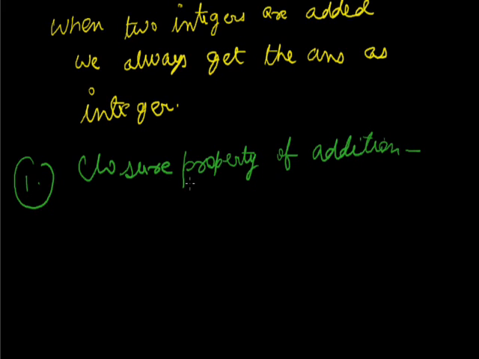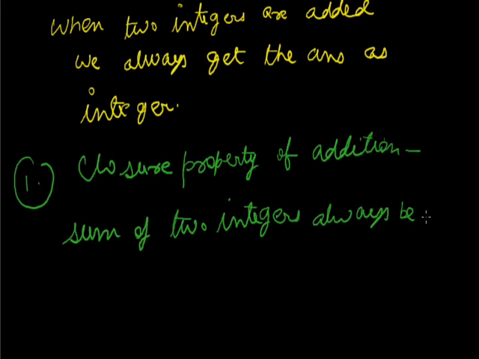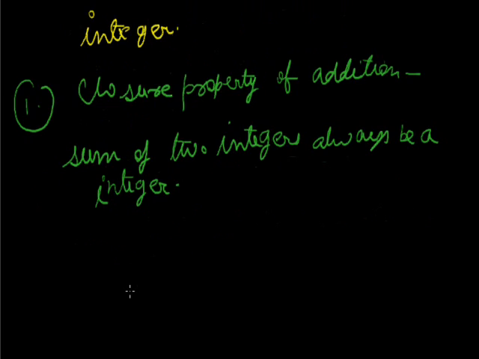In closure property, as we have understood in the previous line, the sum of two integers is always an integer. We have taken some examples in the previous line.